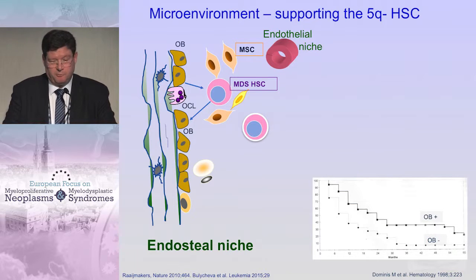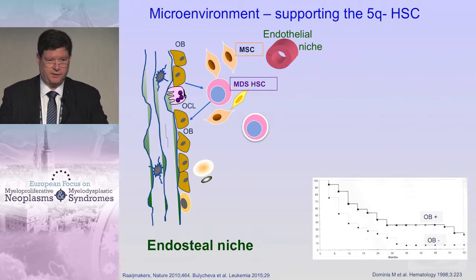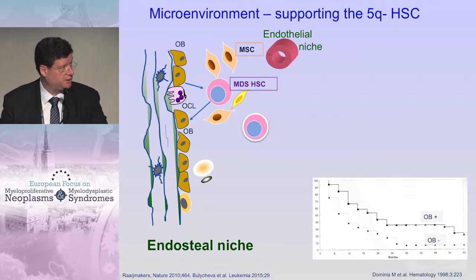The microenvironment today attracts a lot of attention, and I'm certain that we shall be hearing about it in the forthcoming presentations by certainly many speakers. It provides the safe haven for the clonal cells, and we know today, this is a very simplified sketch.